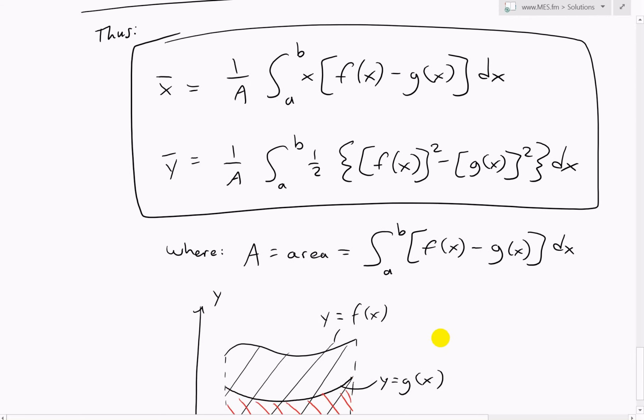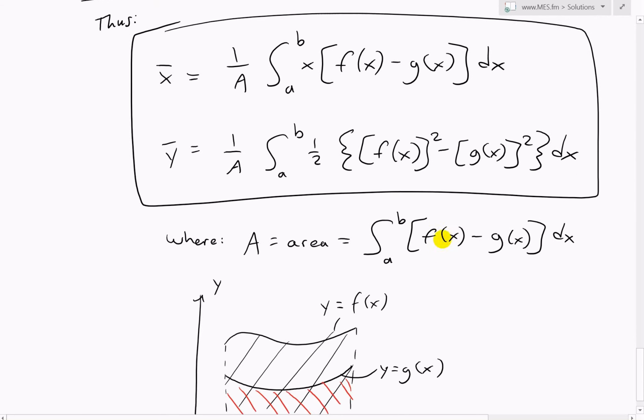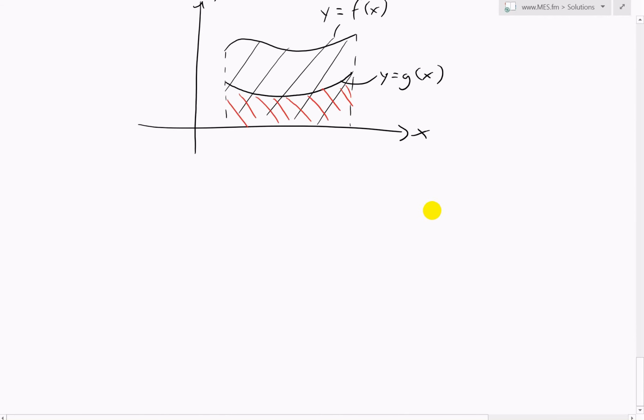Also, what's interesting is if we let g of x equal 0, then this is simply the x-axis, because whatever value of x you put in, you get the y value of 0.